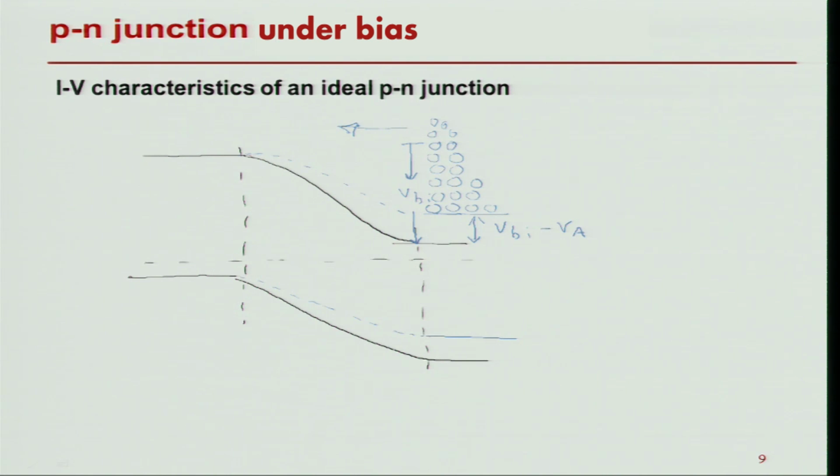So, there will be an increased diffusion current for electrons in the forward bias from the n to the p type, because earlier they were getting reflected back from the built-in potential, but now that the built-in potential is reduced by the applied forward bias, there will be an effective increased current. Similarly, there will be a change in the current for the holes, because now there will be more holes which can diffuse from p to the n type.